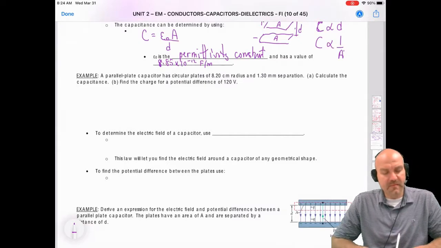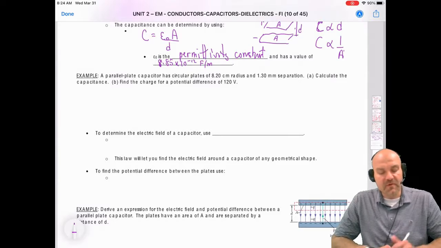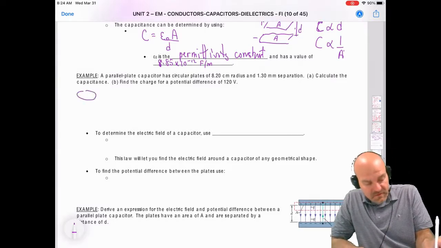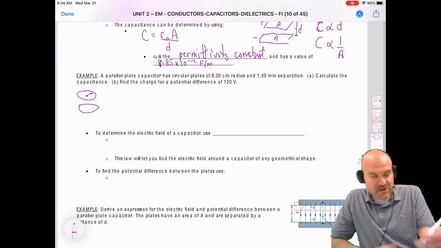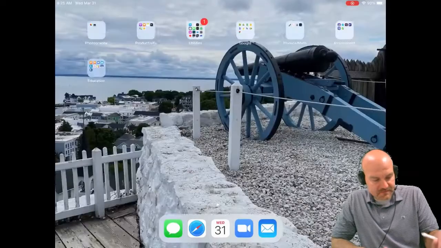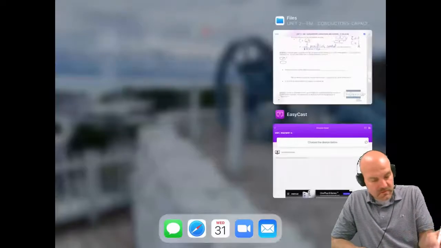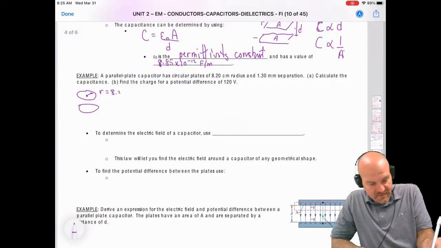This is a parallel plate capacitor that has circular plates of 8.20 centimeter radius that are separated by 1.30 millimeters. Your plates don't have to be rectangular. So it tells us a radius of 8.20 centimeters, which we would have to convert to meters. So it'd be 8.20 times 10 to the negative 2 meters.